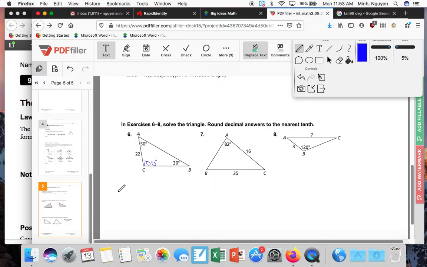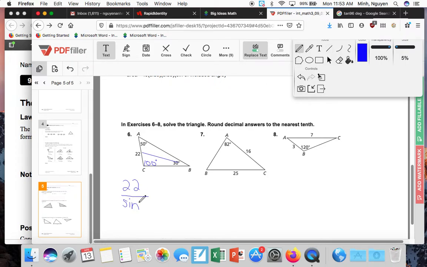So here I have 22. So I'll go with side over sine. And so which angle is directly across from 22? Pause. Give you guys a chance to think about it. Directly across from 22 is this one right here, 30.